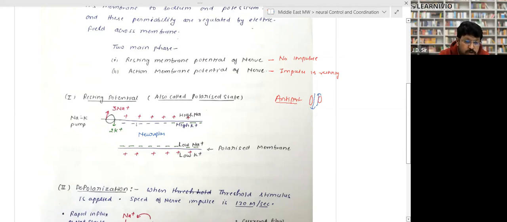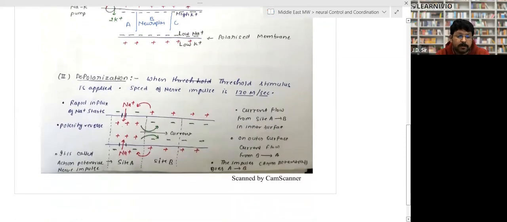For the sake of example, this is side A, this is side B, and this is side C of the membrane, right? So this is called polarized state. The inner neuroplasm has high potassium ion, and the upper side has high sodium ion. In this way the outer surface gets positive charge and the inner surface gets negative charge.